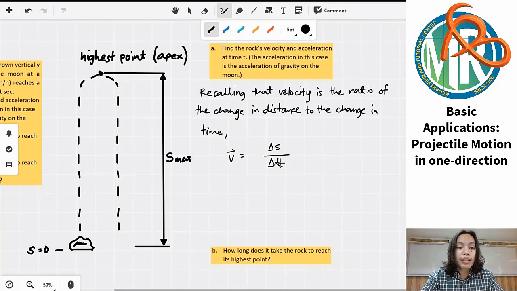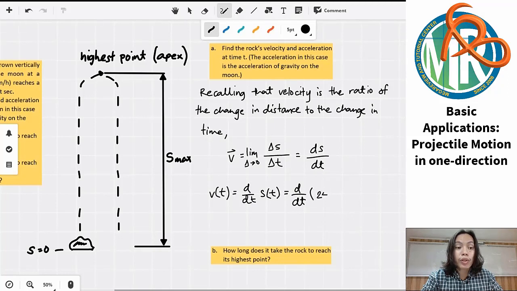That yields ds over dt, so the velocity is simply the derivative of the height function, the distance function. We take the derivative with respect to t of 24t minus 0.8t squared, and that yields a velocity function of 24 minus 1.6t meters per second.